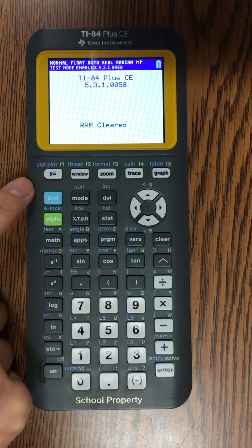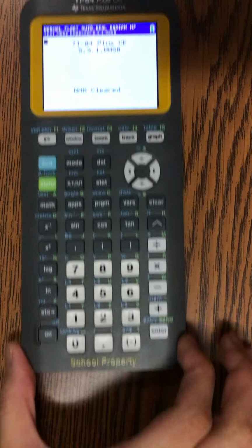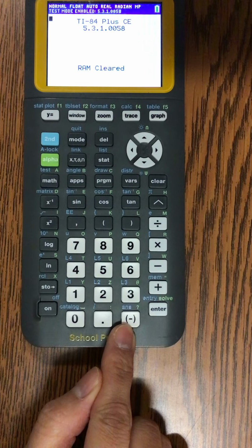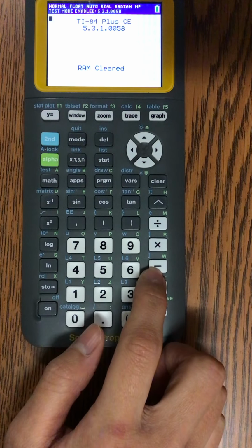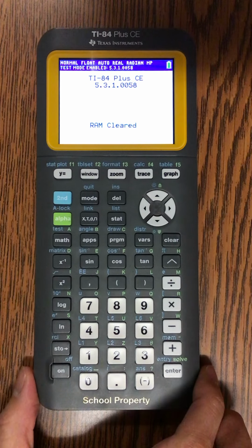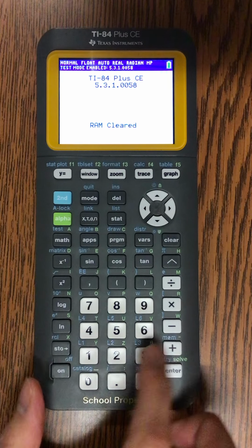So once we have reset our calculators, let's talk about the different functions you need to know. First, most importantly, the negative symbol is right there next to the decimal point, whereas the subtraction symbol is right there. So you always want to use the negative symbol for negative numbers and the minus symbol for when you are subtracting.